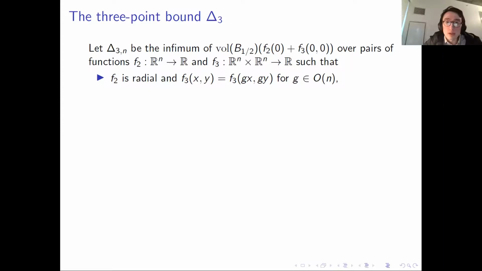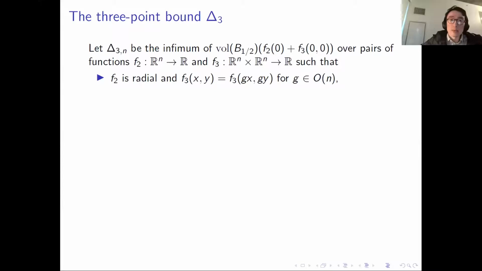Our two-point function is going to be invariant under the orthogonal group. So we can take our two-point function to be radial and our three-point function to be invariant under the orthogonal group, which will reduce those kernels to a three-variable polynomial problem eventually.